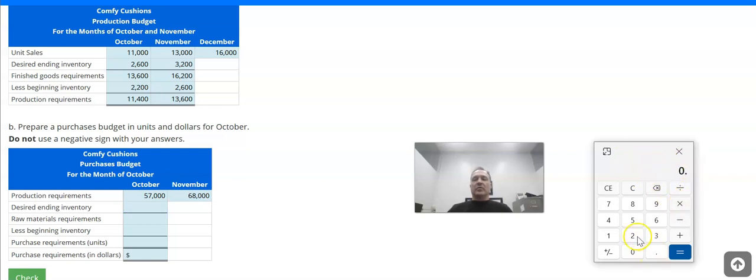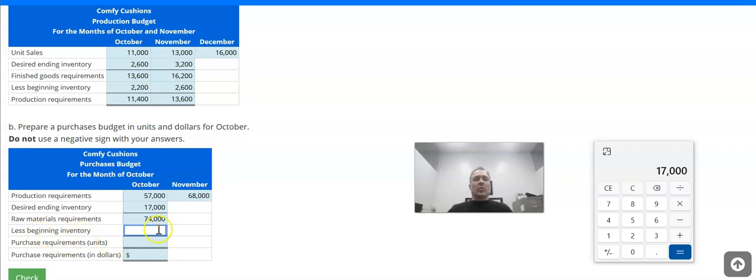So all we have to do is multiply that by 0.25. This 17,000 is 25%, again, of the November production requirements. And so raw material requirements, we're just going to add those two together. I did that in my head: 57 and 17 is 74,000.